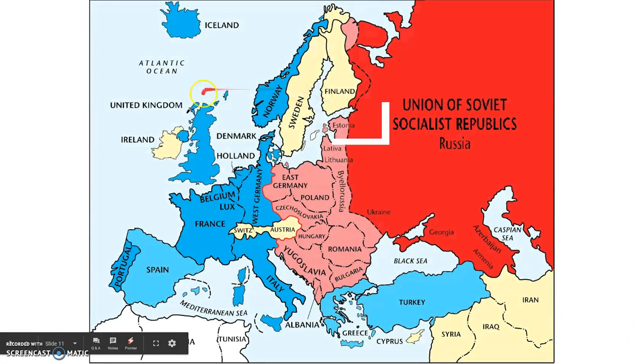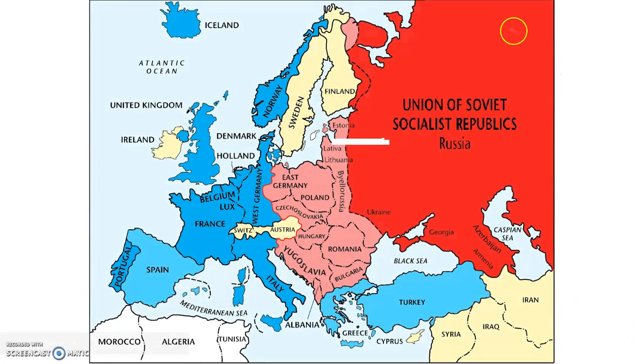And here we can see essentially a map of the Soviet Union, and essentially the territory that they claimed. Here you can see East Germany and then West Germany. So this is essentially where the Berlin Wall was.